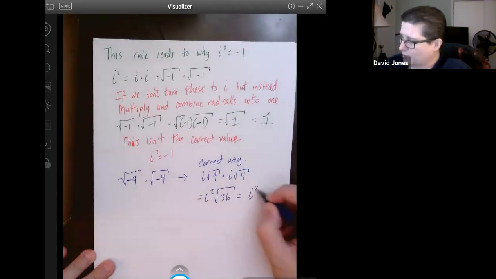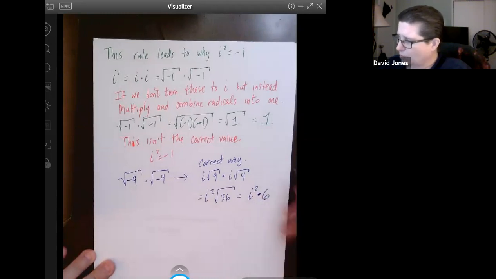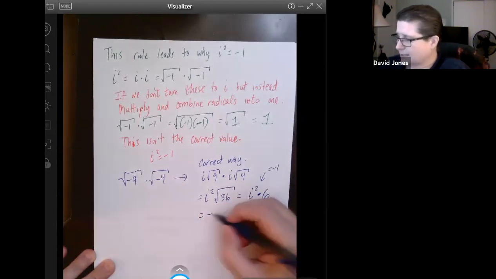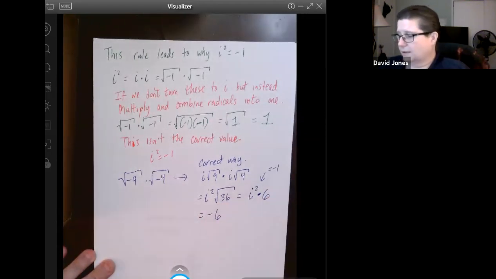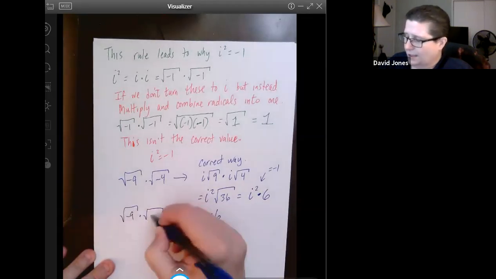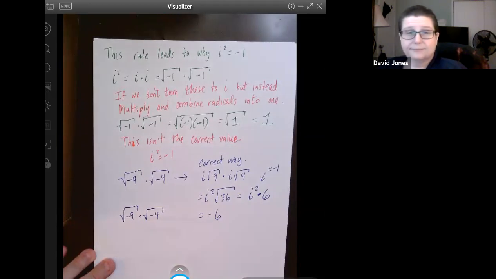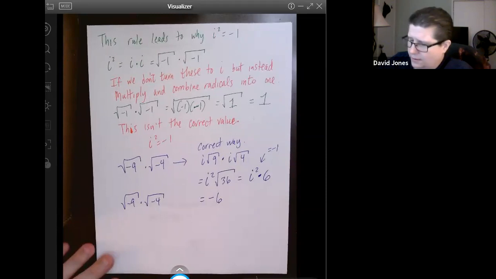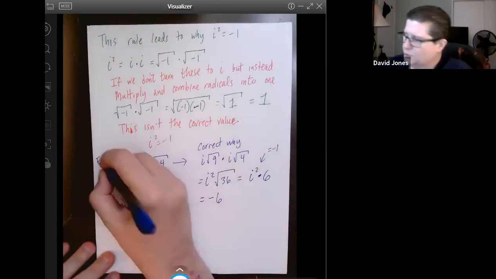We've got i squared times 6, but i squared equals -1. So that just ends up equaling -6. The square root of -9 times the square root of -4 equals -6. That's an example of the way it's used.